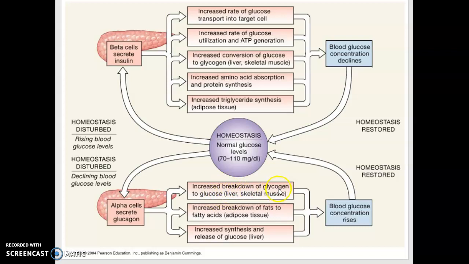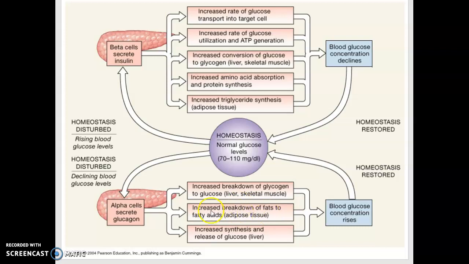So this is going to be the hormone that triggers us to actually start breaking off the glucose molecules from the glycogen. And of course, we know the two major places we're storing glycogen are the liver and our skeletal muscle. So just like the insulin was causing us to build up the glycogen, the glucagon is causing us to break down the glycogen and utilize the glucose molecules from that.